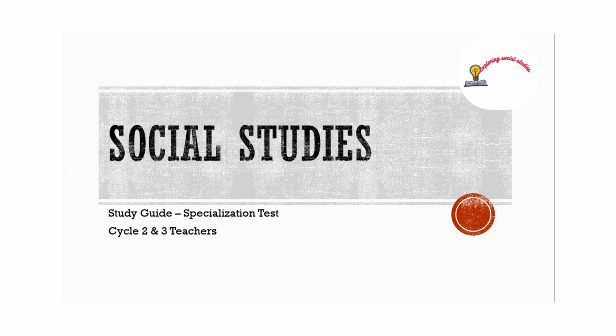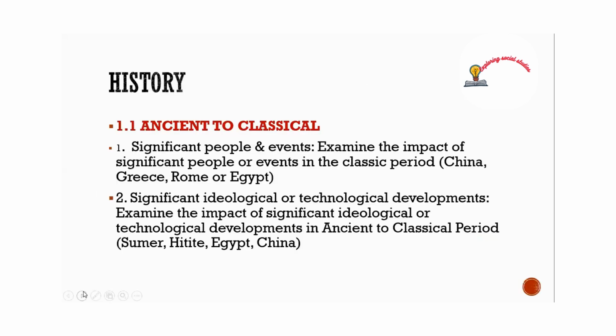It has 5 different sections, and the first one we are going to discuss today is history, ancient to classical: significant people and events. Examine the impact of significant people or events in the classical period: China, Greece, Rome, or Egypt.